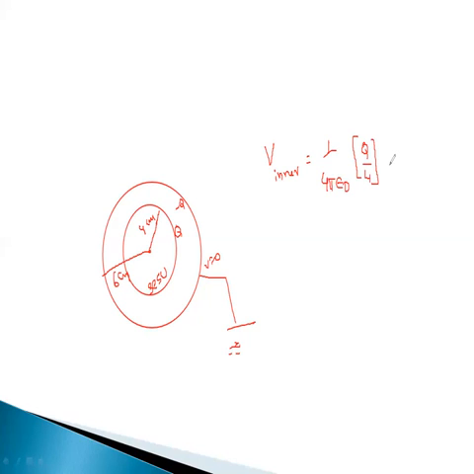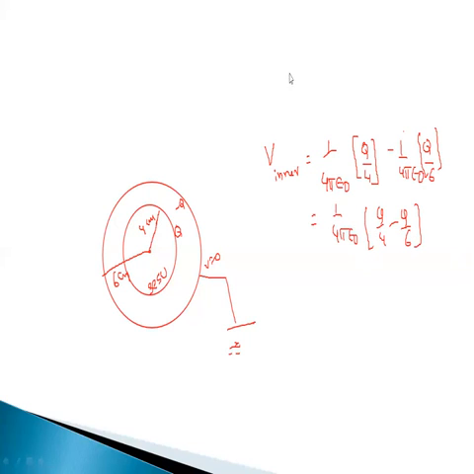Next, the potential due to the outer surface will be again 1 by 4 pi epsilon naught into minus Q, which is induced due to the charge on the inner sphere, that is Q by 6. Okay, if you just take the difference, then it will be 1 by 4 pi epsilon naught into Q by 4 minus Q by 6.